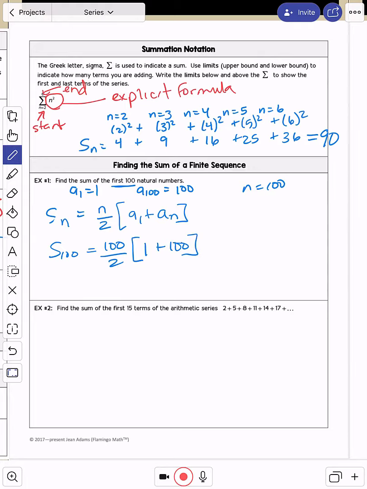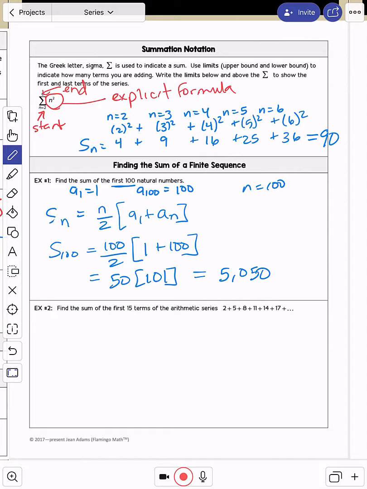First term is 1, last term is 100. And so that is 50 times 101, which equals 5,050. That was pretty cool, but I have to say it's pretty rare to know the first and last numbers.